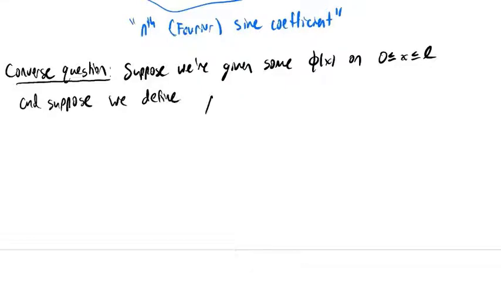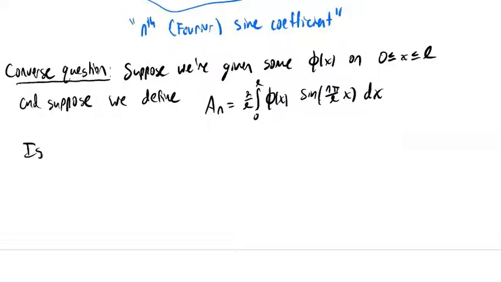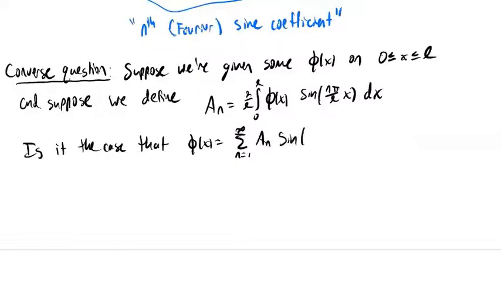So suppose we define a_n equal to the integral from 0 to L, normalized, of phi of x times the eigenfunction, sine of n pi over L x, dx. Is it the case that I can write phi as this eigenfunction decomposition? Is phi going to be equal to this infinite sum, a_n times sine of n pi over L x?